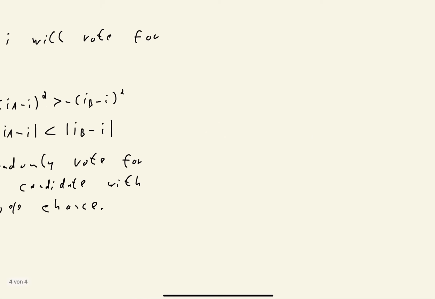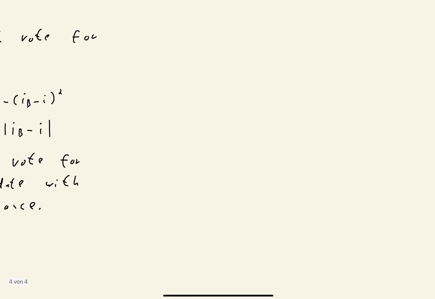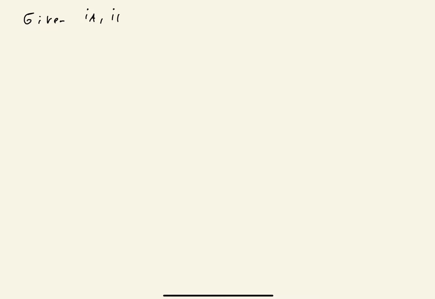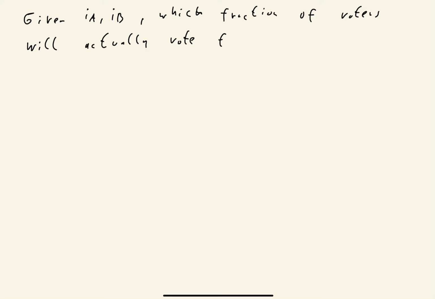So now let's really determine which fraction of voters will vote for the candidates. Given IA and IB, which fraction of voters will actually vote for which candidate?